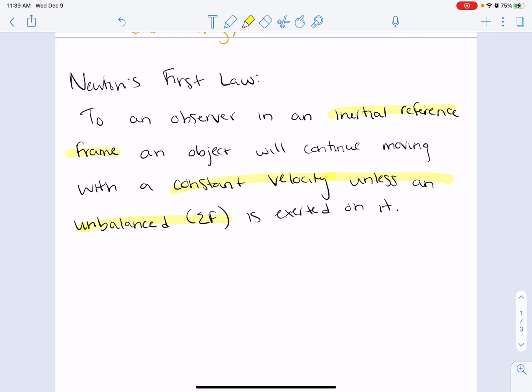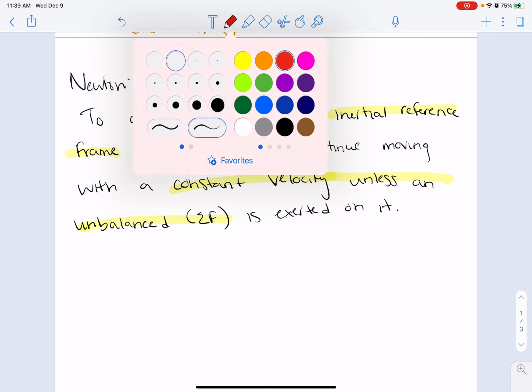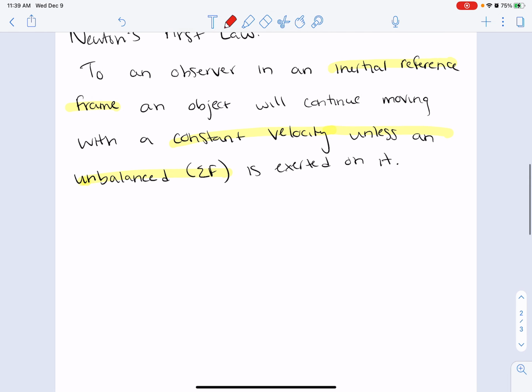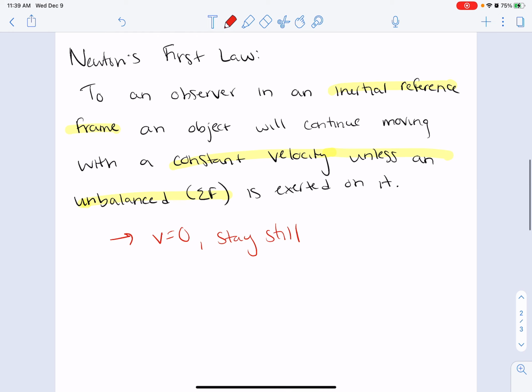So, constant velocity could mean one situation where the velocity is zero, so it's going to stay still. It's not going to move unless an unbalanced force is exerted on it. Or you could have a velocity not equal to zero, so it's going to continue moving at a constant velocity.